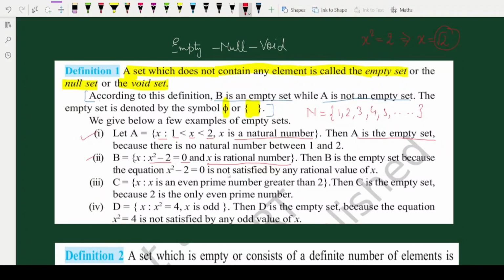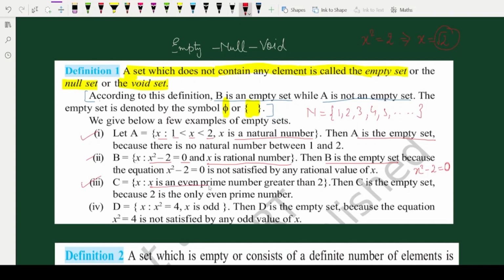So this set is also an empty set, because there is no rational x such that x square minus 2 is equal to 0. I have discussed this example previously.